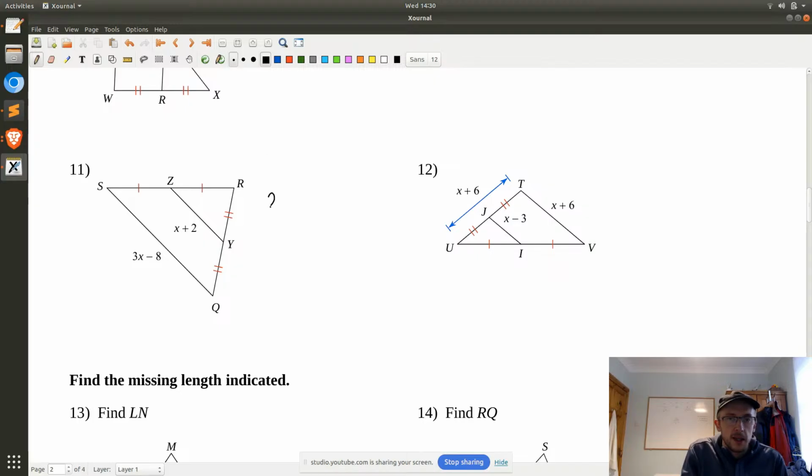By the mid-segment theorem, double x plus 2 is 3x minus 8. So 2x plus 4 is 3x minus 8. And solve. So x would be 12.